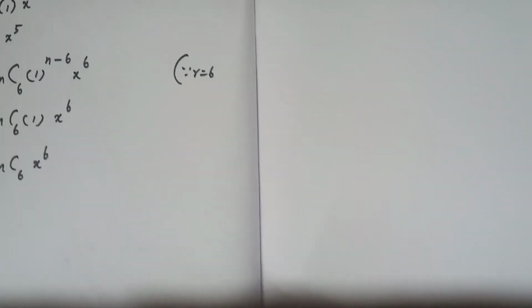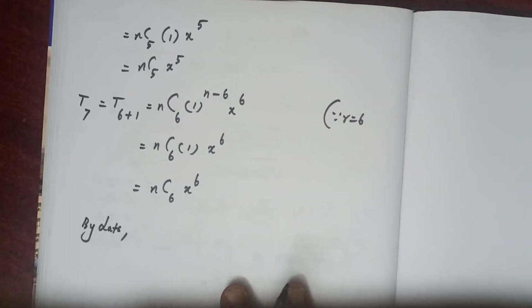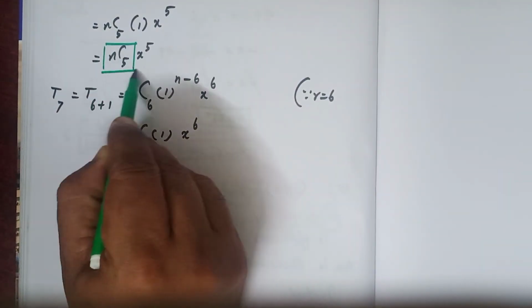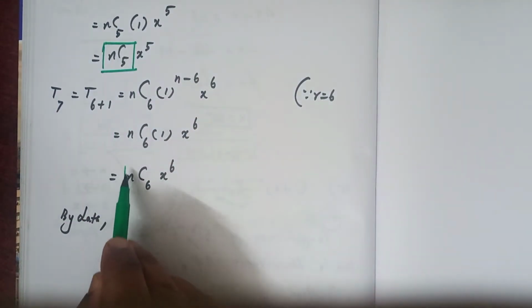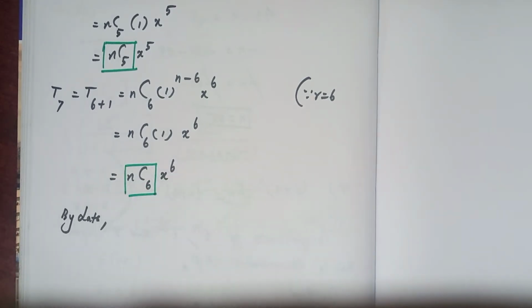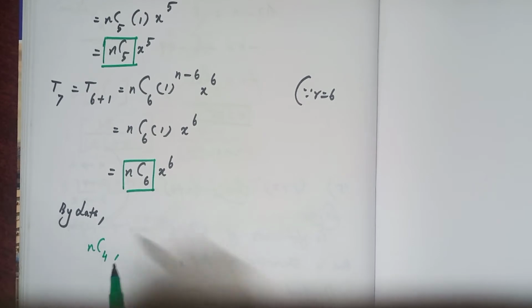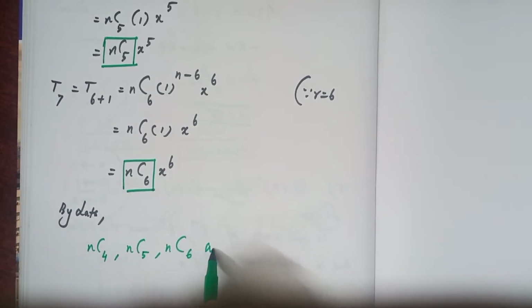Here the coefficient is NC5. And here the coefficient is NC6. So by data, NC4, NC5, NC6 are in AP.